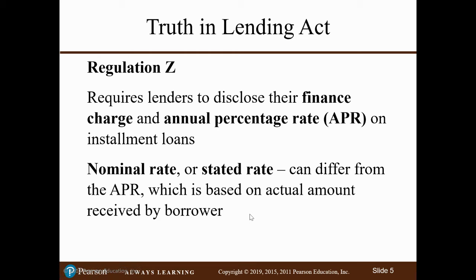And there's a difference between the nominal or stated rate and the annual percentage rate. They might tell you this loan is an 8% loan, but then you calculate the APR and it ends up being 8.5% APR. That's because there are other costs involved in the loan that are calculated into the APR that are not calculated into the stated or nominal rate.